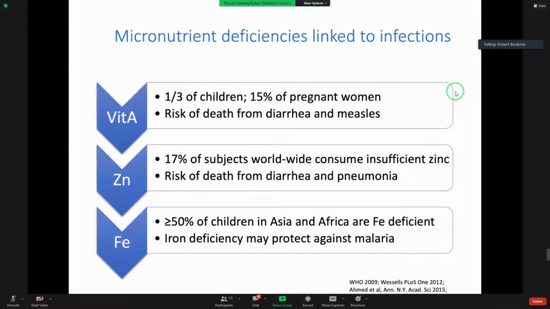For example, vitamin A, zinc, and iron are depicted here as three important micronutrients in maintaining optimal immune function in children, and deficiencies are associated with increased risk of infections and death from these infections.